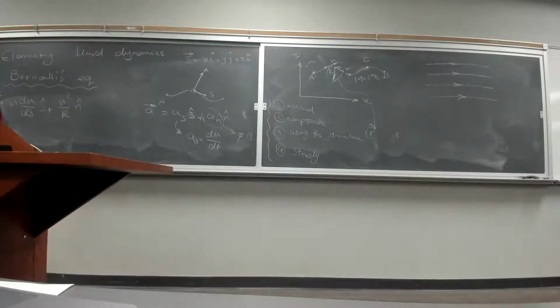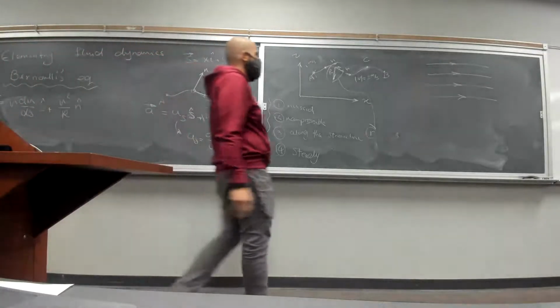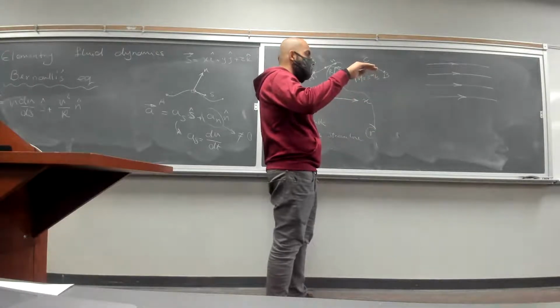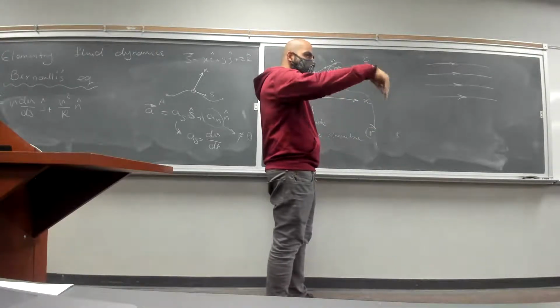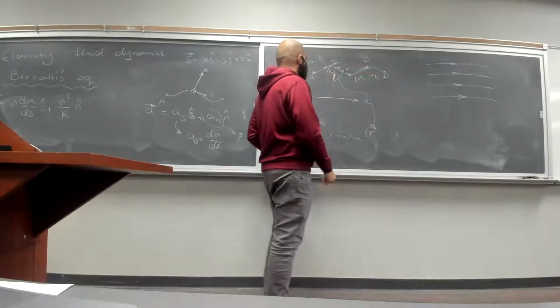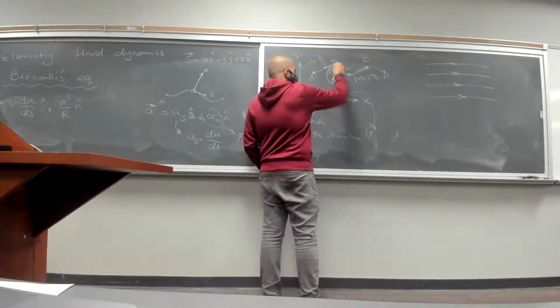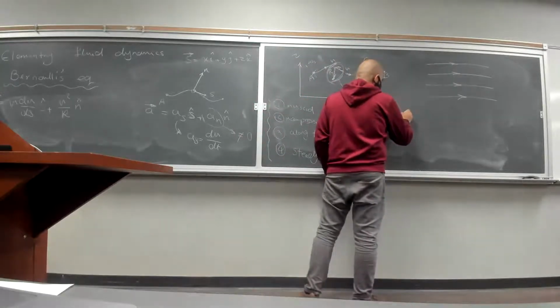What if your centrifugal acceleration is positive? It's essentially going to force the direction of the flow to change towards the center of the circle you have here. Let me magnify this.